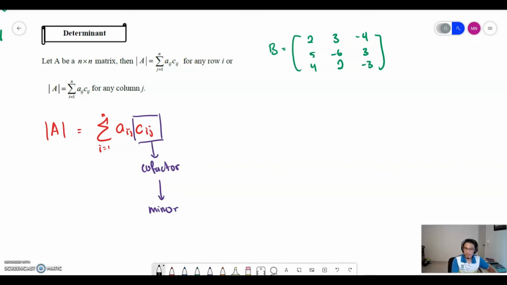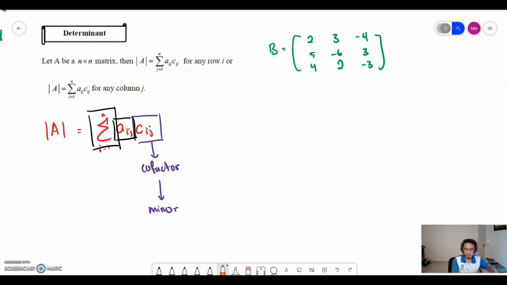What does the determinant add? The determinant adds the value of element A_ij, which will later be multiplied with the cofactor, with the addition of summation.